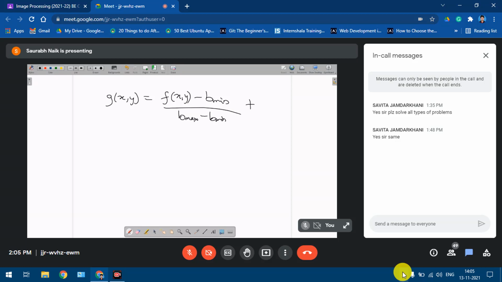We're adding this with something. This I think comes on the right hand side of that plus f of x comma y minus b min.